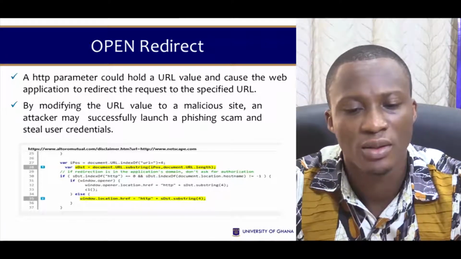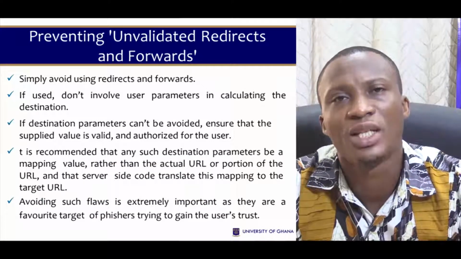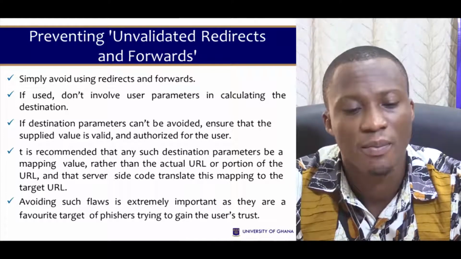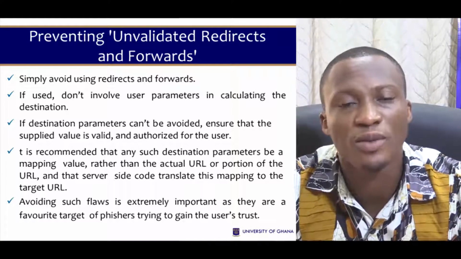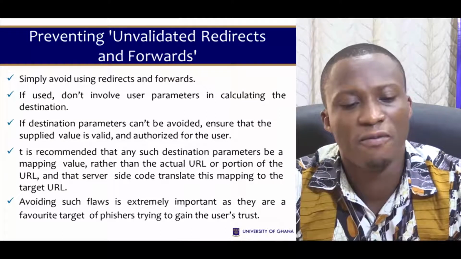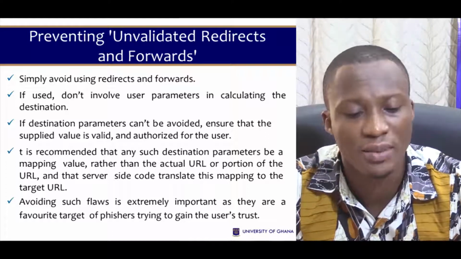How do we prevent unvalidated redirects and forwards? Simply by avoiding redirects and forwards. You don't need to implement them. Don't involve user parameters in calculating a destination.